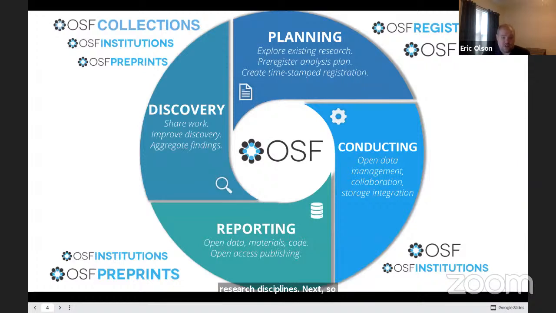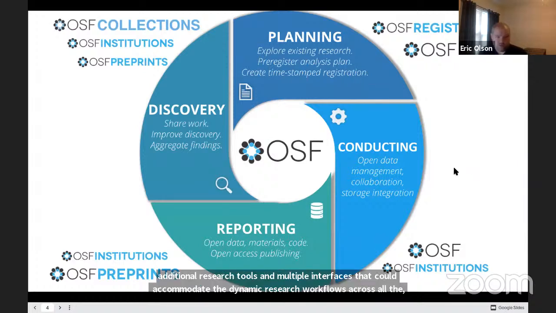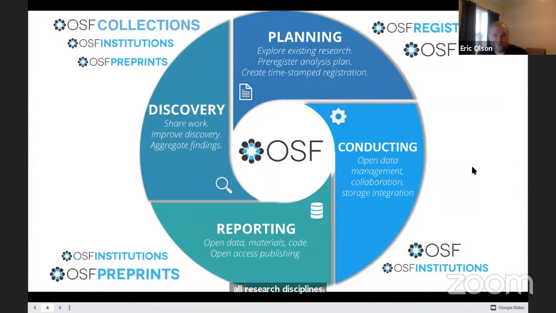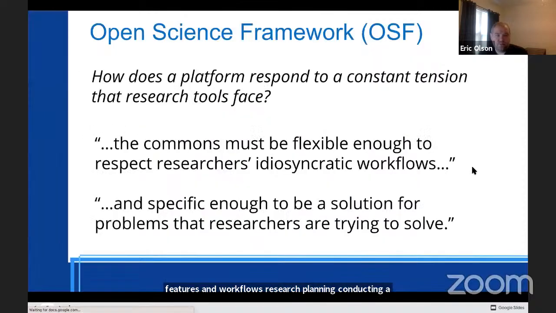So the OSF itself is an ecosystem of services with features and workflows for research planning, conducting, reporting, and discovery. Next. And the OSF is a community-centric product with a roadmap that is defined by a few different convergences, and one of those is this balance between flexibility and specificity of research workflows.